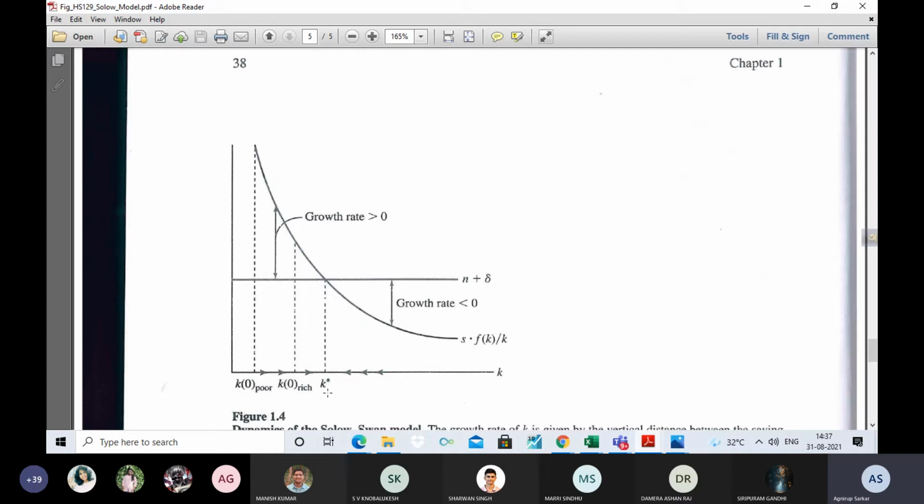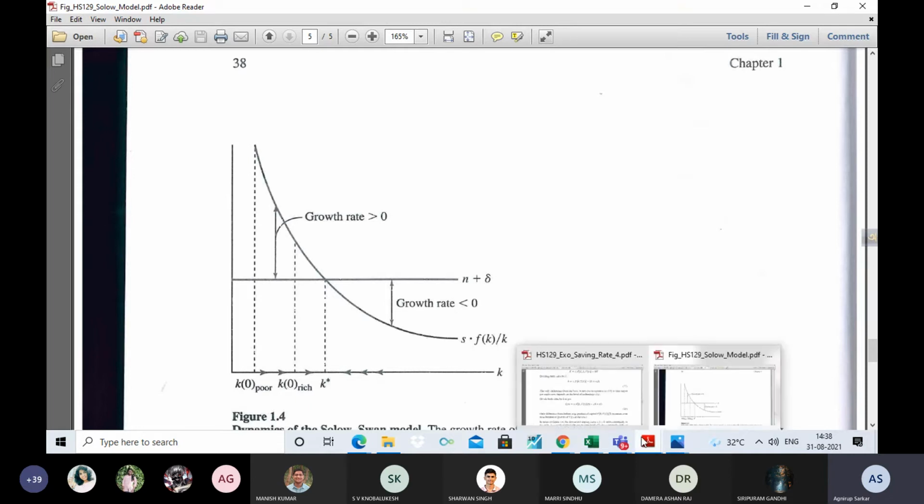What we have to show is that using labor augmenting technological progress, our growth in per unit capital would be constant in the long run. In order to do that, let us get a few definitions clear.